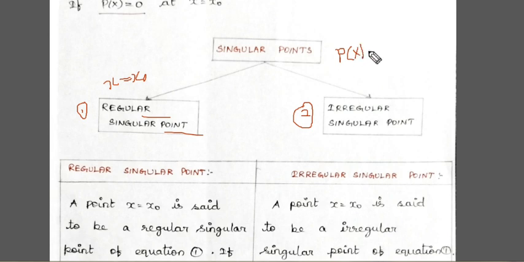What is a singular point? p of x equal to 0. Also, if it is an irregular singular point at x equal to x naught, then it must be a singular point. So only if a singular point exists can we find out whether it is regular or irregular. Let's see the definition of regular and irregular.